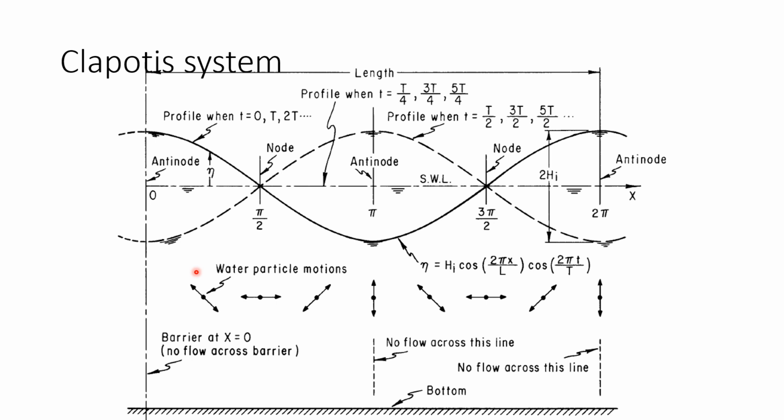In the event that the Clapotis system forms a standing wave, we will be able to see a profile that looks like this, whereby nodes and antinodes are at fixed locations, and the water particle motion beneath the water surface will be oriented in these directions, as shown in the next slide.